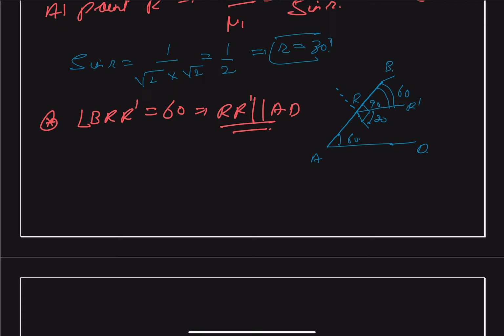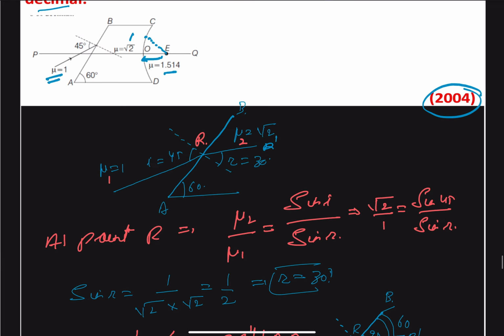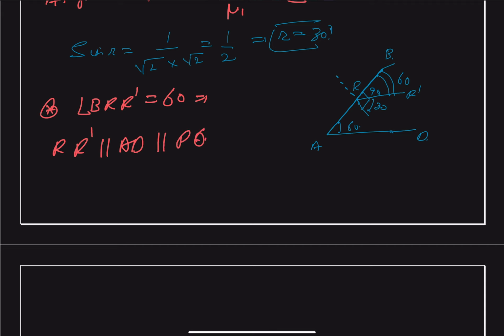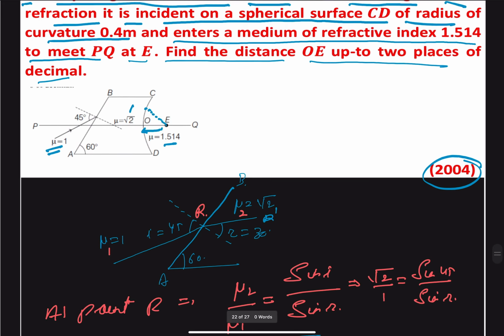If it is parallel to AD, then we can also say, because there is an axis PQ, that our r prime is parallel to AD, and it is also parallel to PQ, because PQ is somewhere here. This is P and this is Q. So the other face, the curved surface, is our CD.